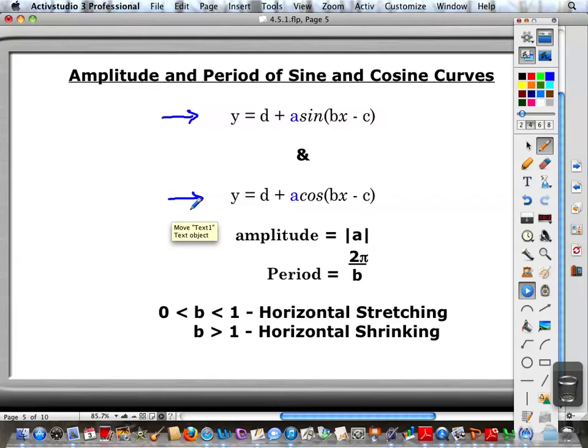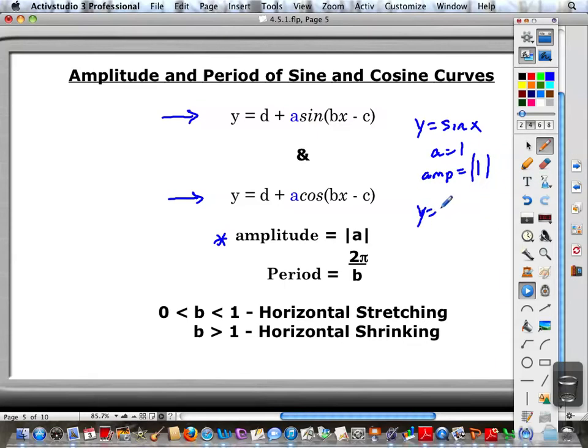The a value, the number in front of the trig function, the coefficient, is what affects our amplitude. In the originals, we had just sine of x, the a was 1, so our amplitude was the absolute value of 1. We went up 1 and we went down 1.